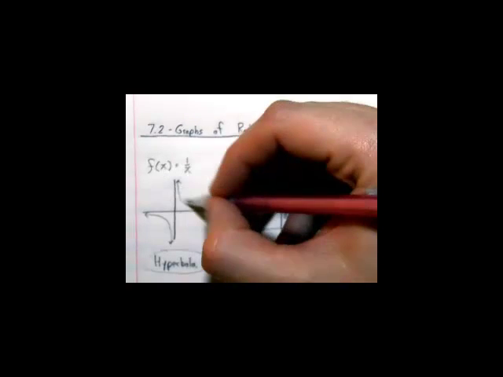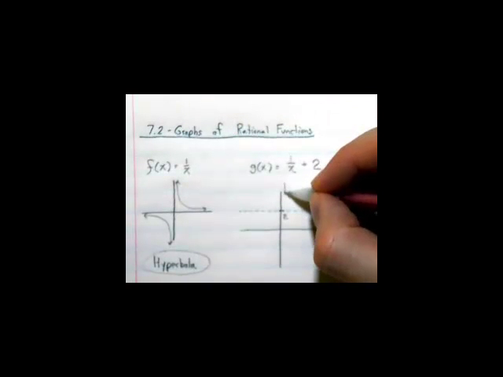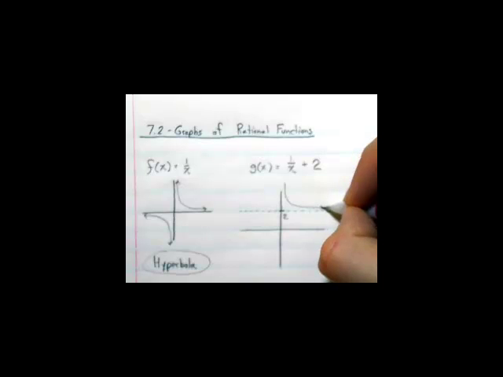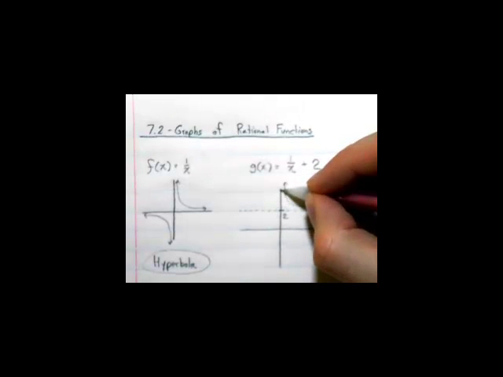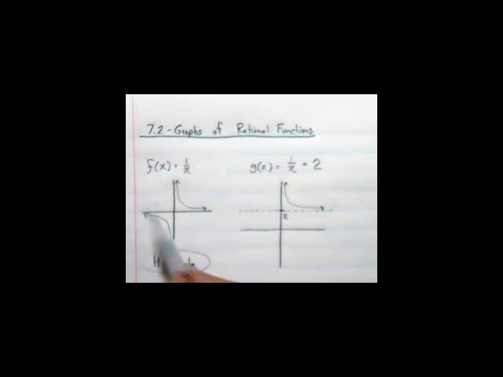So this little piece right here is going to be here, and this little piece down over here is going to be like that. Okay, does that make sense? Just use the asymptotes as a guide and move those. Like I said, those are kind of like a little boundary that everything has to fit into. So you can do it that way.